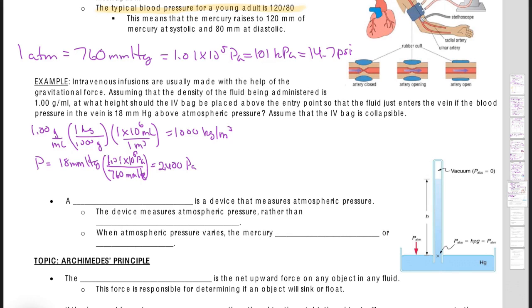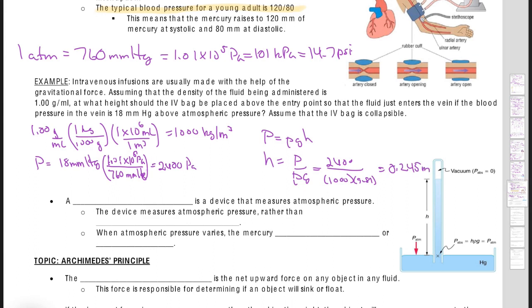Now I can just use my equation, P equals rho g h, so H equals P over rho g, which is 2,400 pascals over 1,000 times 9.81, so the height would be about 1/4 of a meter.